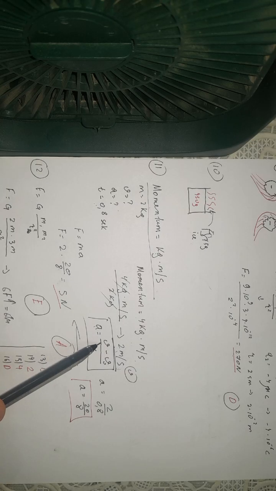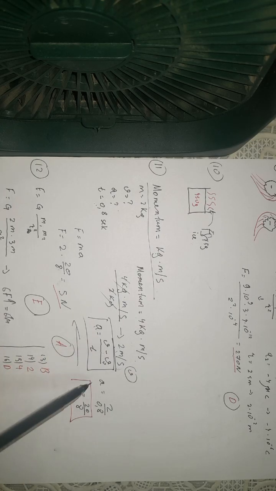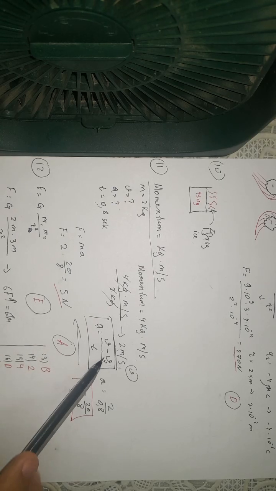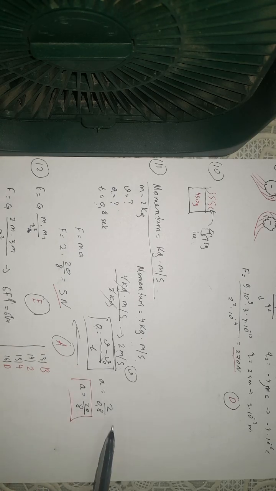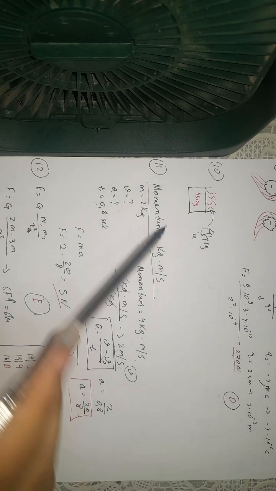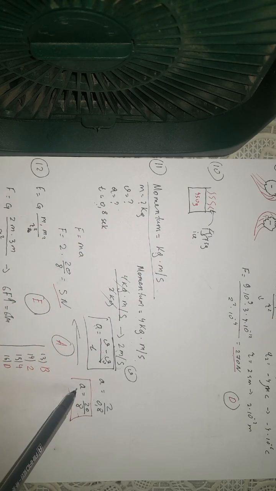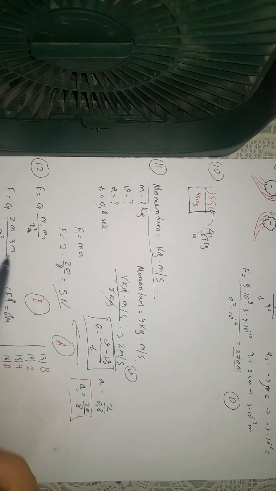So a equals V minus V0 divided by t. V minus V0 is equal to 0 because it was initially at rest. Divided by 0.8, it equals 20 divided by 8. So this is the acceleration. We have the mass, and with the acceleration we can find the force which was acting. So 2 multiplied by 20 divided by 8 equals 5, because 20 divided by 4 is 5 newtons. So the correct answer is A.